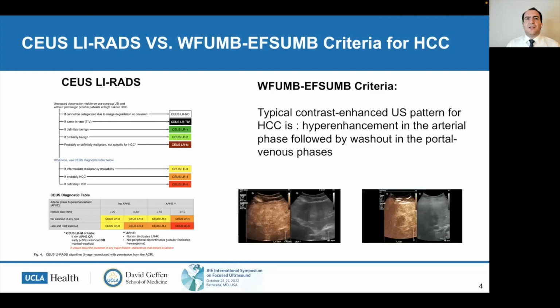WFUMB criteria define a typical CEUS pattern of HCC as hyperenhancement in the arterial phase, regardless of type, followed by washout in the portal venous phase.